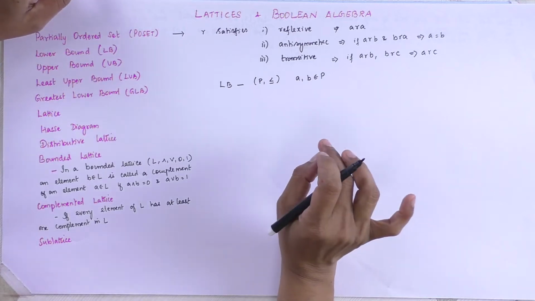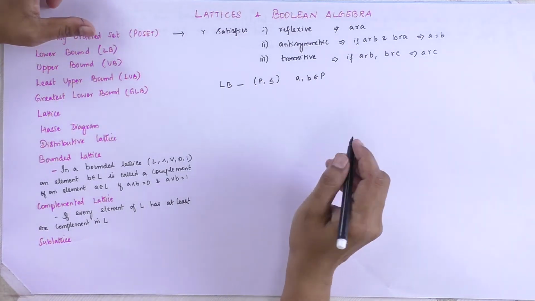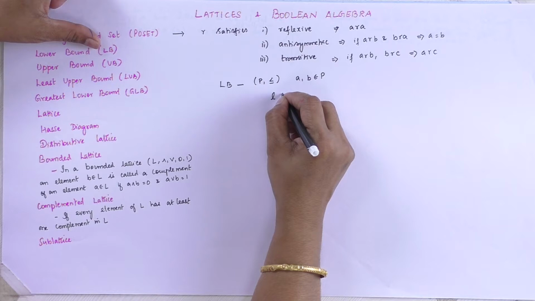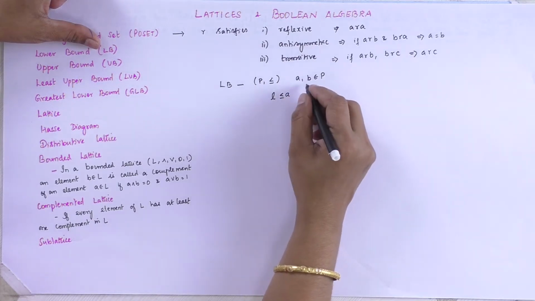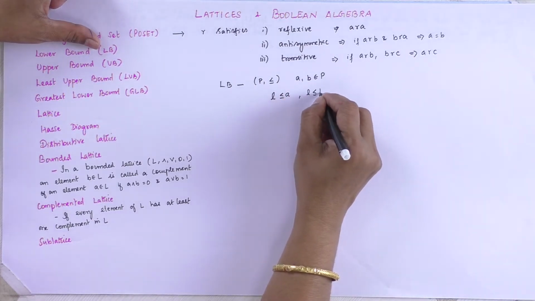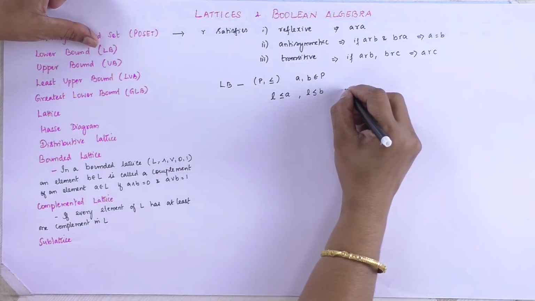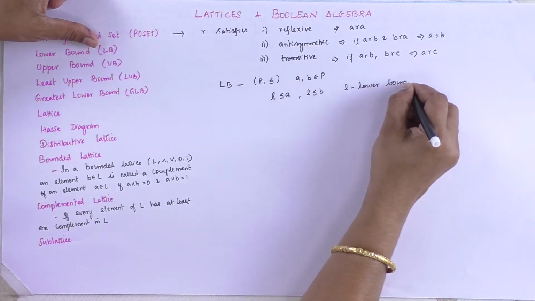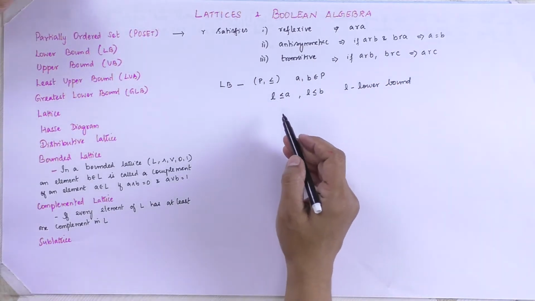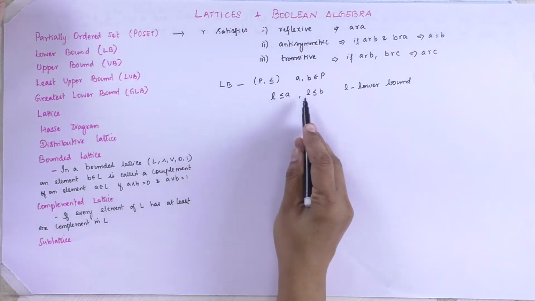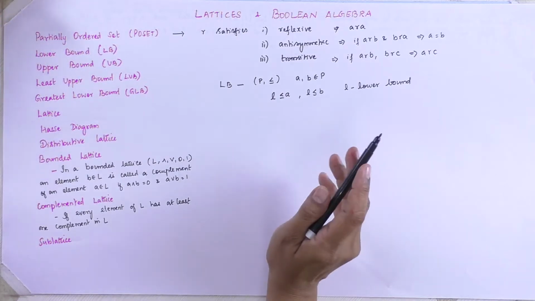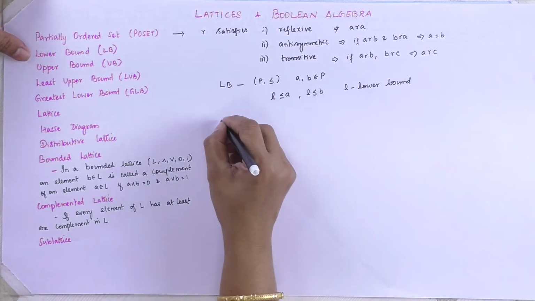Suppose I take L to be the lower bound; that element should be less than or equal to A, as well as less than or equal to B. Then L is said to be a lower bound, right? Understood? And next is the upper bound.